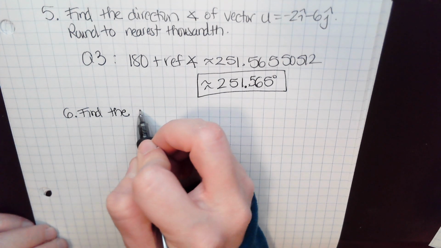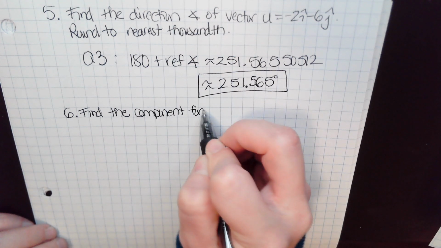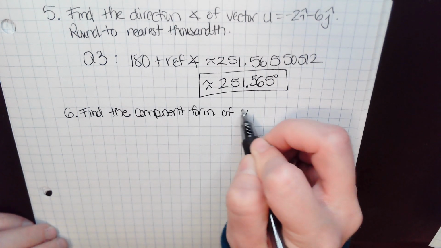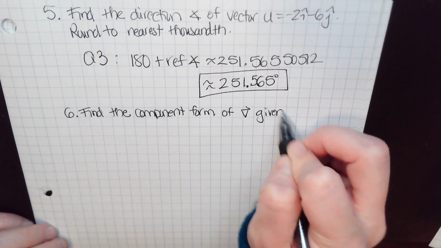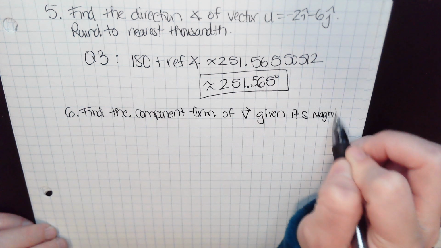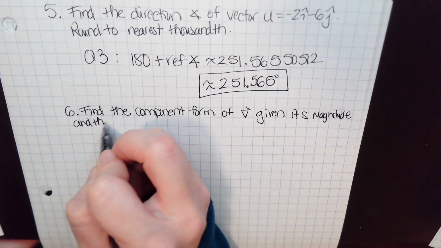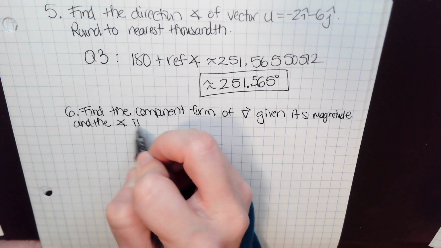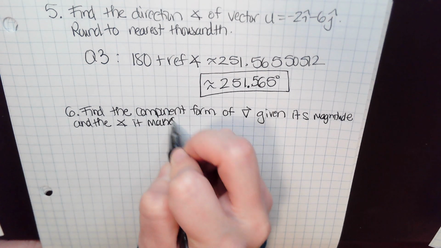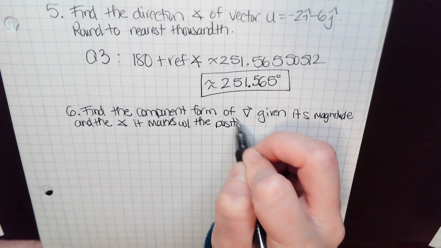So not just finding the direction angle. Find the component form of vector v given its magnitude and the angle it makes with the positive x-axis.